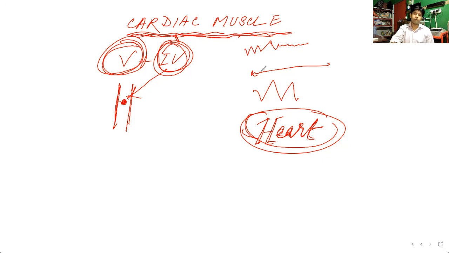So that is another peculiarity of this muscle, and it cannot be controlled by the will. That also you remember, and it is present in the heart. Our heart is made up of this type of tissue, cardiac tissue or cardiac muscle, and that is why anything heart related is said as cardiac failure, cardiography, echocardiography, like this type. So I hope it is clear to you.